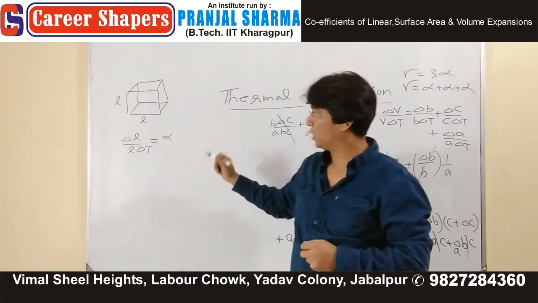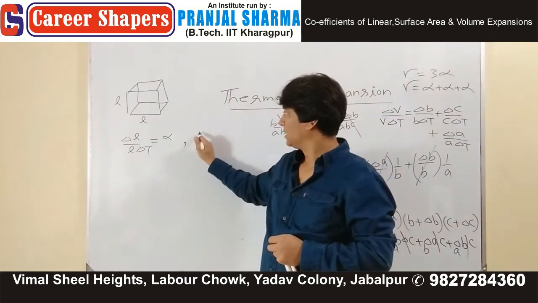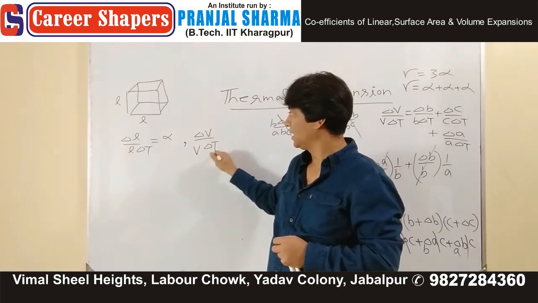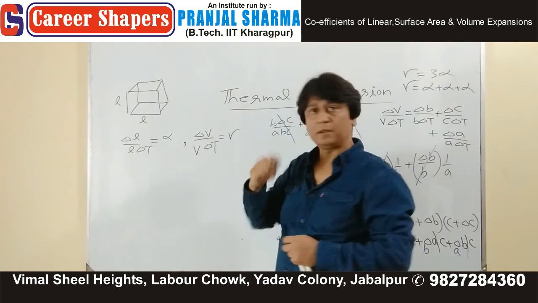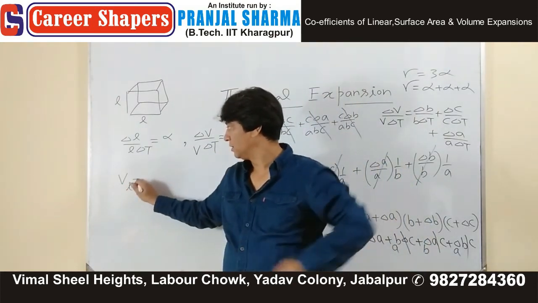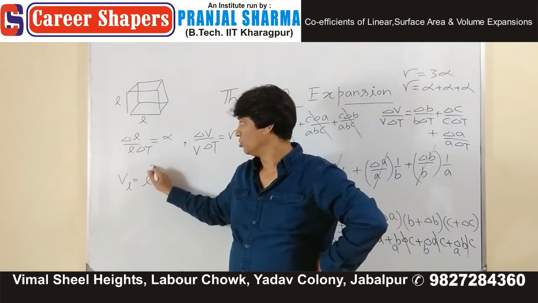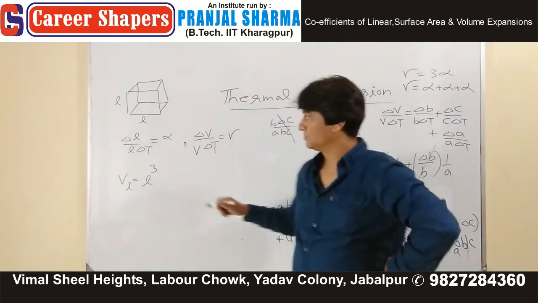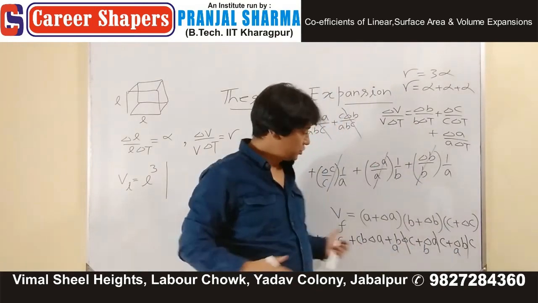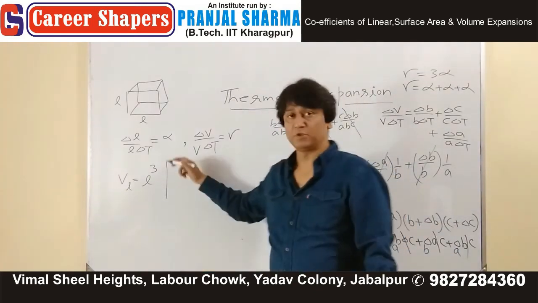And we need to find what? We need to find delta V upon V delta T. That will be the gamma part. What is V initial? V initial is L cube. Approach same hai, but we can save time with cube.